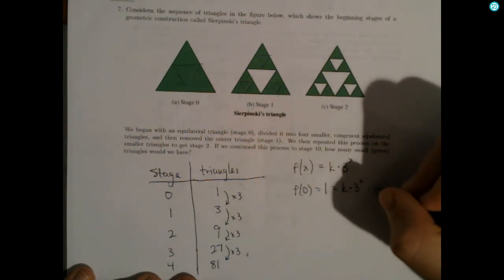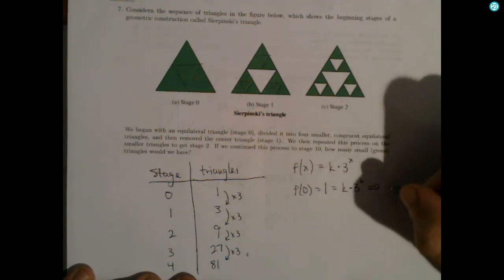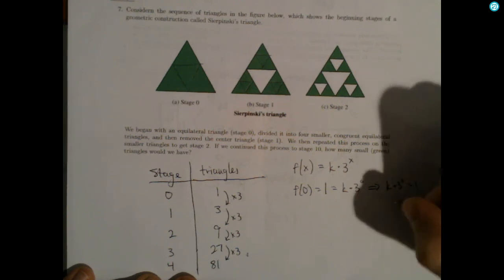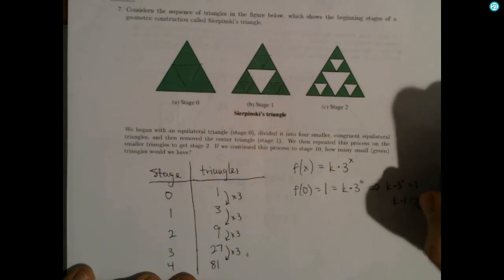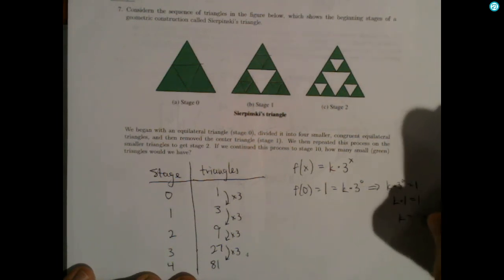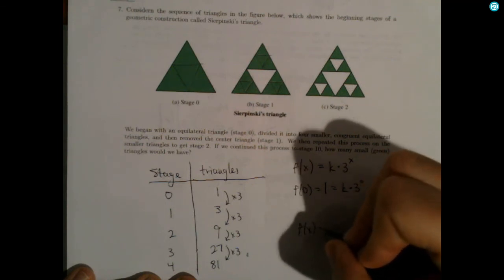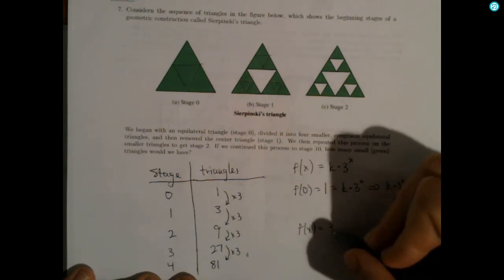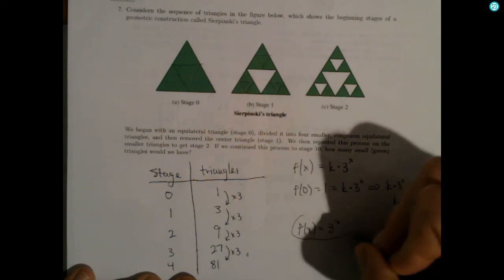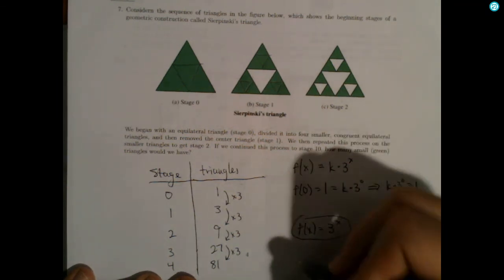So k times 3 to the 0 has to equal 1. 3 to the 0 is just 1. That means k has to equal 1. Okay, so f of x equals 1 times 3 to the x, or in other words, just 3 to the x. So now we can find f of 10.